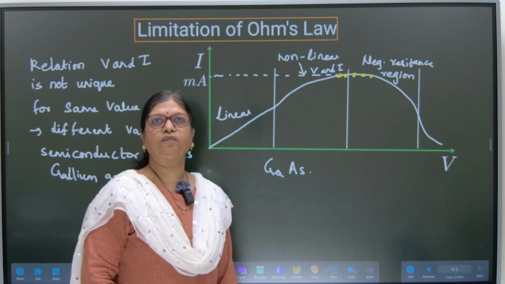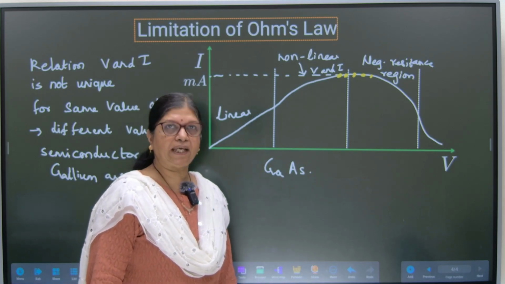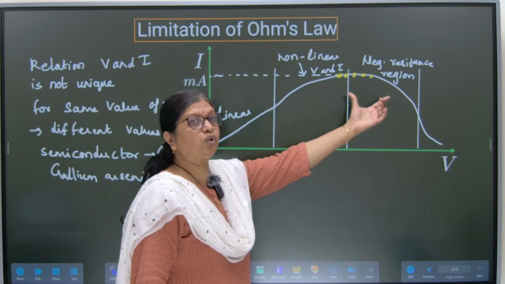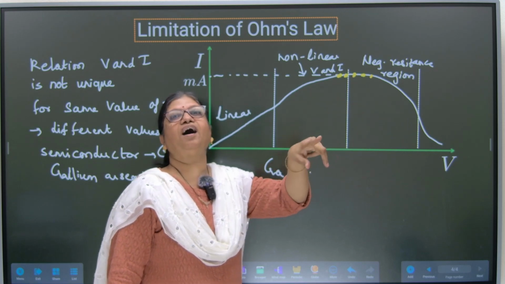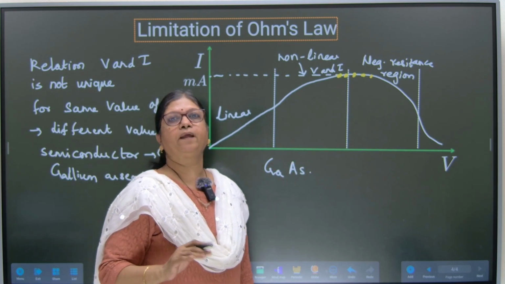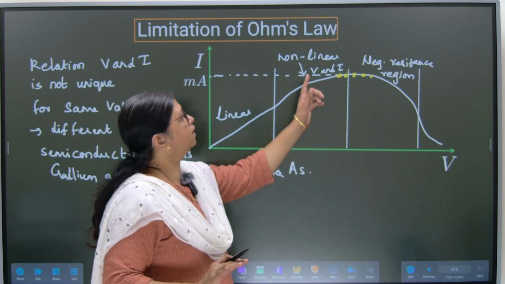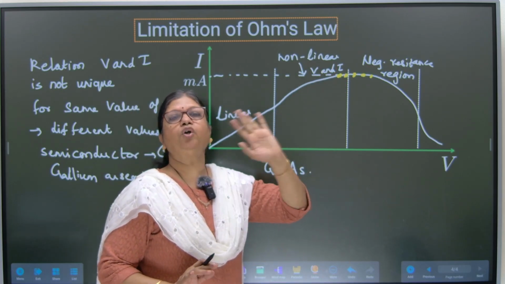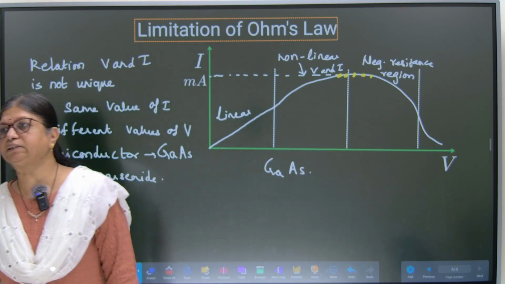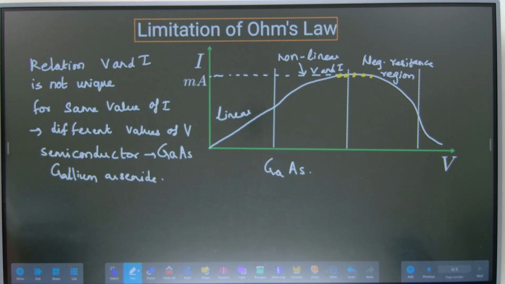I hope you have understood this concept also. Take a pic. Note down especially the regions, because these regions are asked in the exam, whether it is an entrance or a board exam. The regions are not labeled and those are the questions. So understand the regions very clearly. Take a pic of what we have done just now.